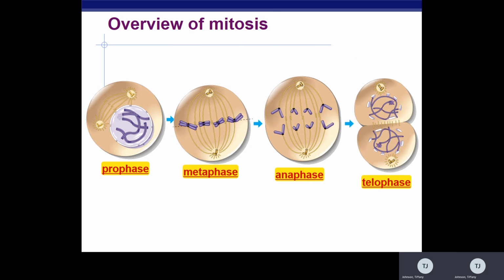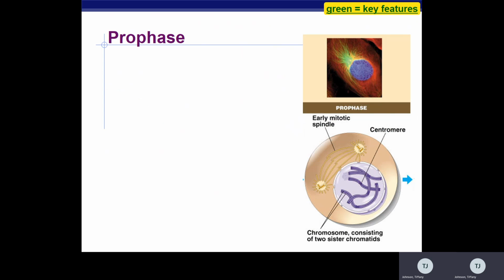Okay, so it seems unfair to make you draw it twice. So go straight to prophase. What does pro mean? It means first. So prophase is our first phase. And if it helps you remember mitosis, it's PMAT, prophase, metaphase, anaphase, telophase, PMAT.